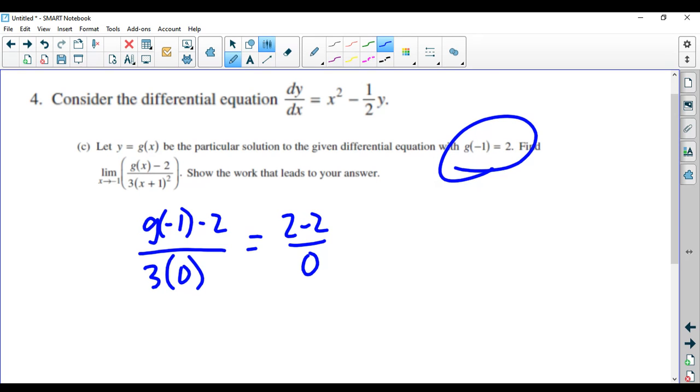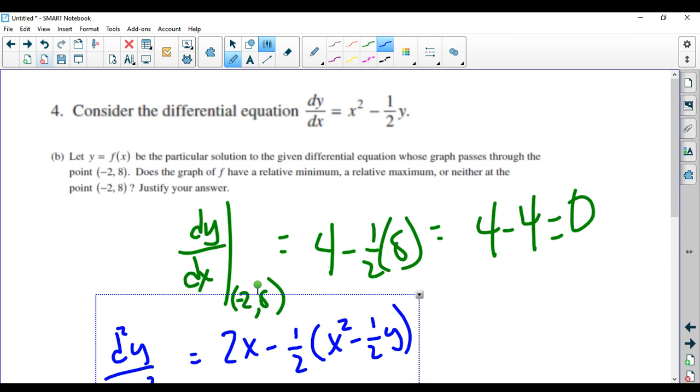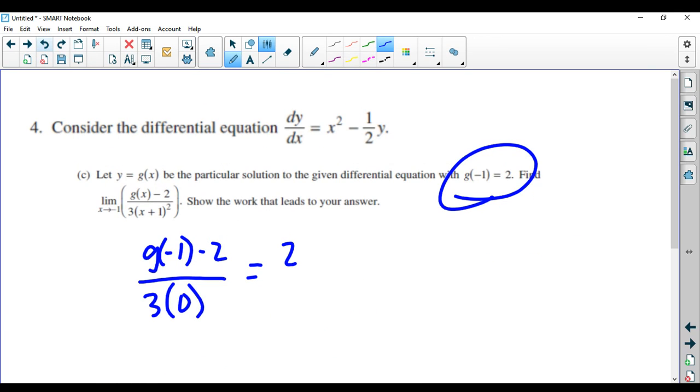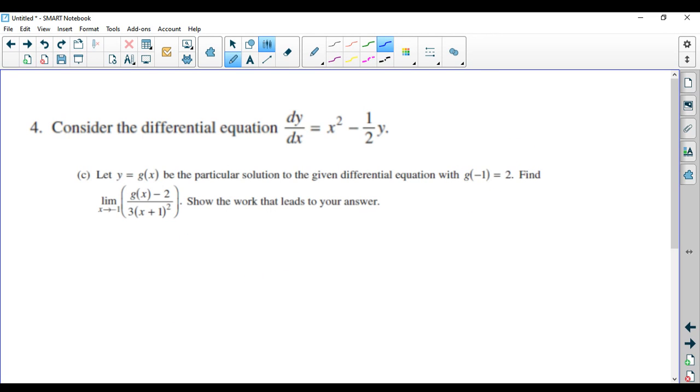All right, so I'm going to get rid of that, and I want to make one comment before we move on. If you do this on the AP exam, if you see this limit and you put equals 0 over 0, you're going to lose a point.